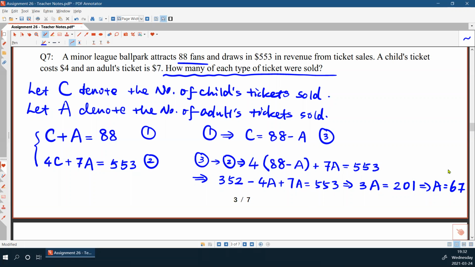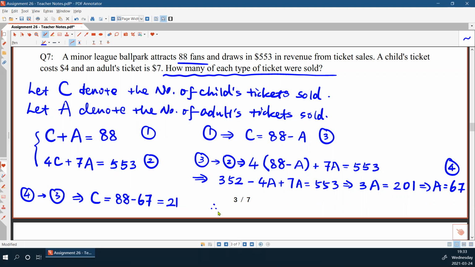Okay, so let's call this number 4. Then we can put number 4 into number 3 to get C is 88 minus 67, which is 21, right?